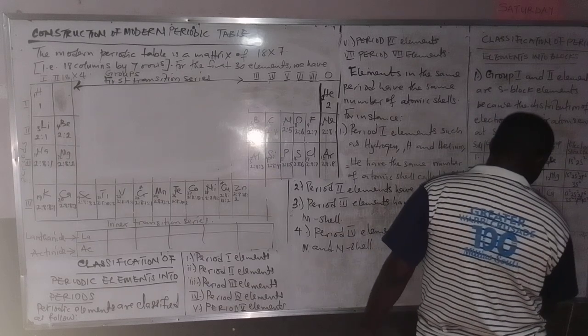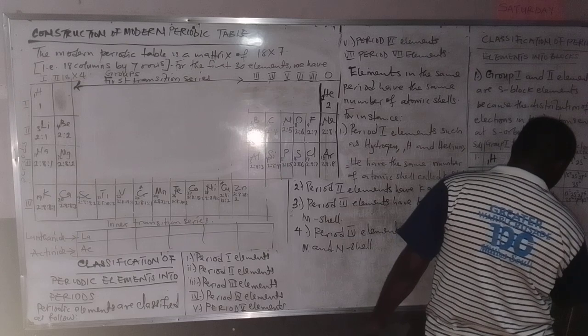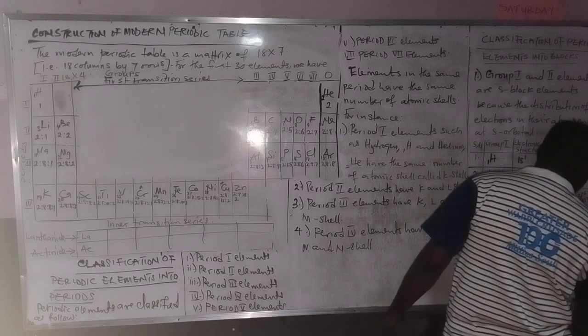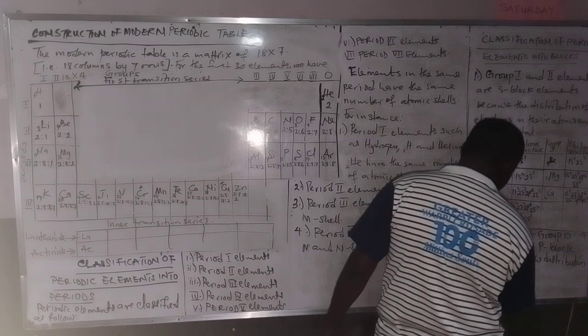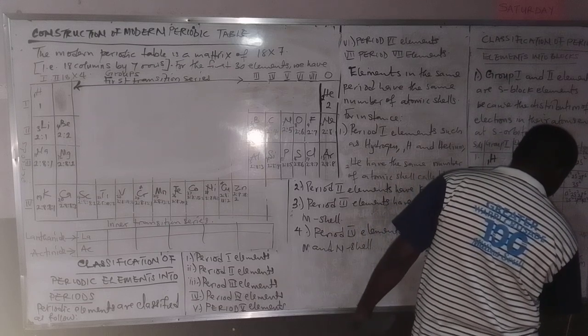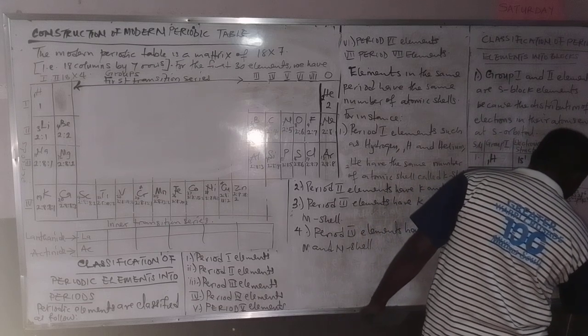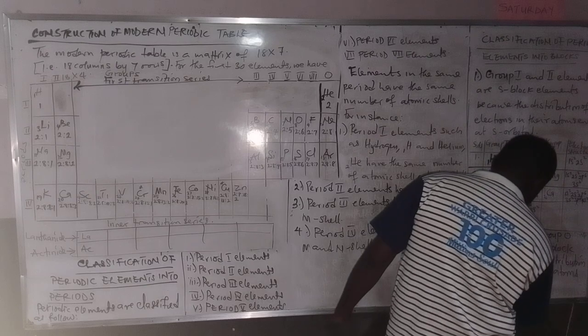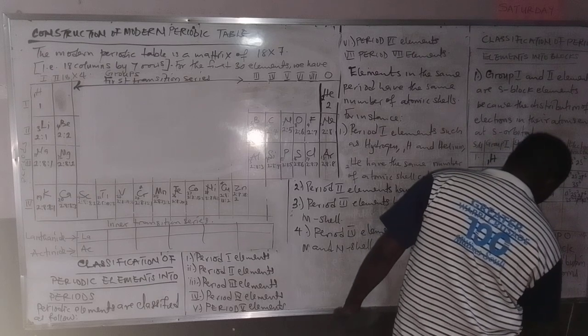Now, why? As the distribution of electrons in their atoms ends at the p orbital.